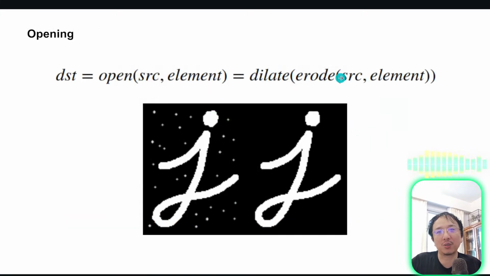So you erode first, then dilate. If a pixel is in a large block, or has a lot of positive white neighbors, then it will remain the same. But if it is in some isolated small block, then it will disappear.